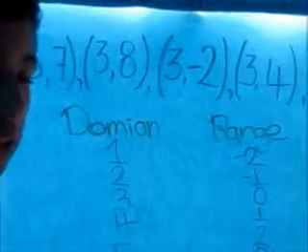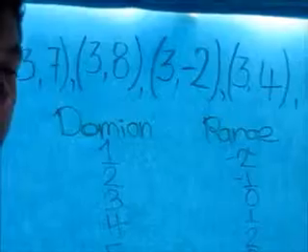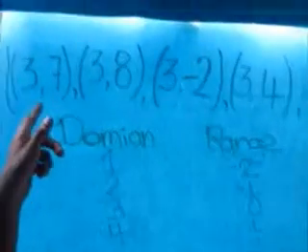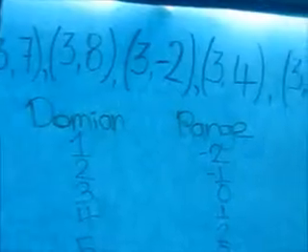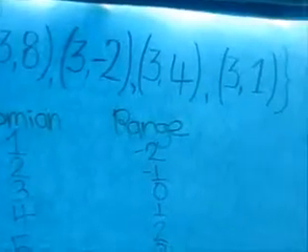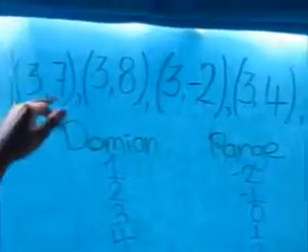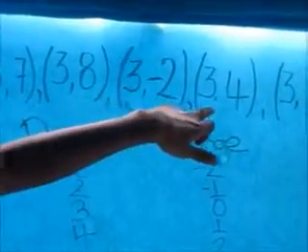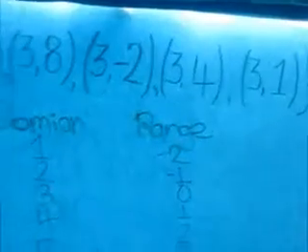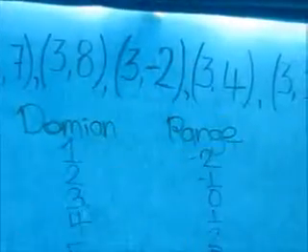Exercise 2. Identify the domain and the range of each relation. Use a mapping diagram to determine whether the relation is a function. 3 and 7, 3 and 8, 3 and -2, 3 and 4, and 3 and 1. Each one of these is a relation.